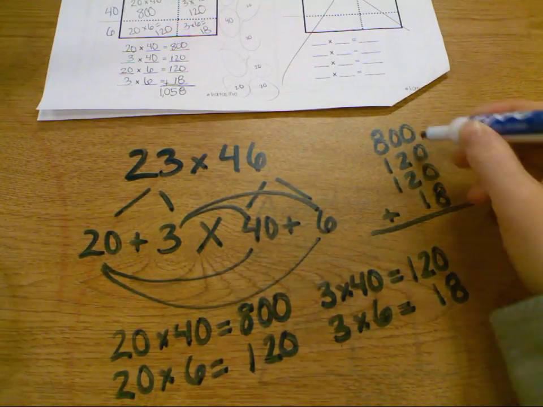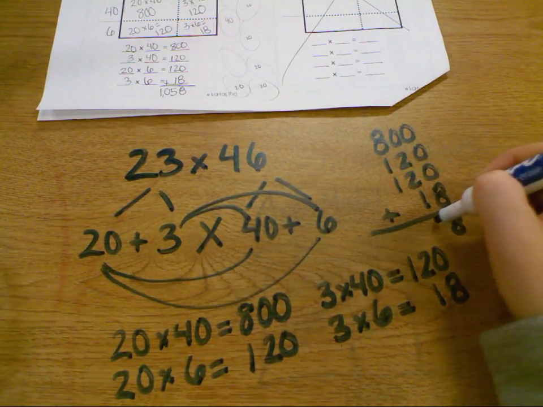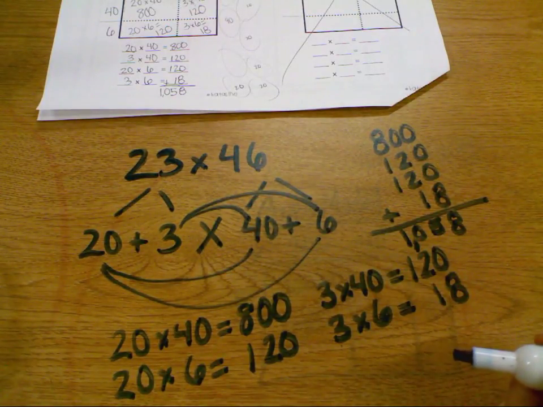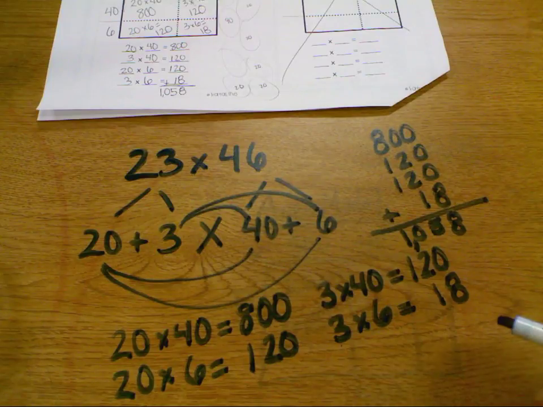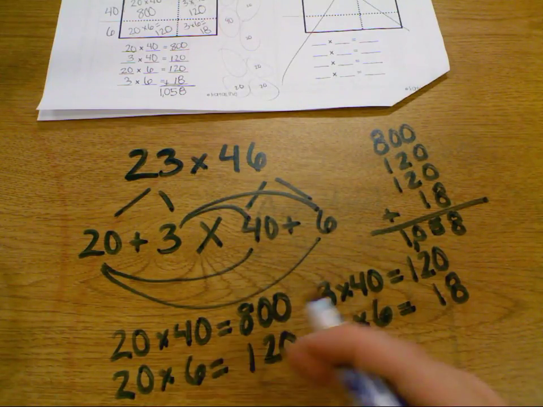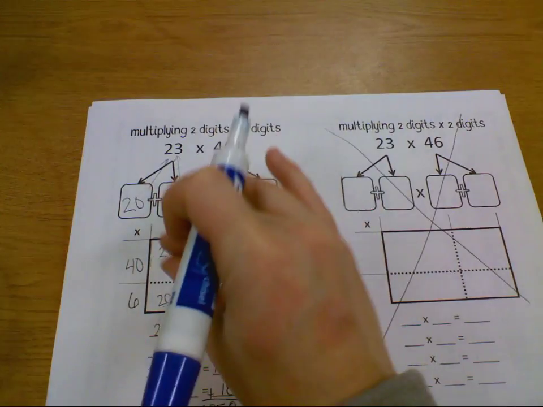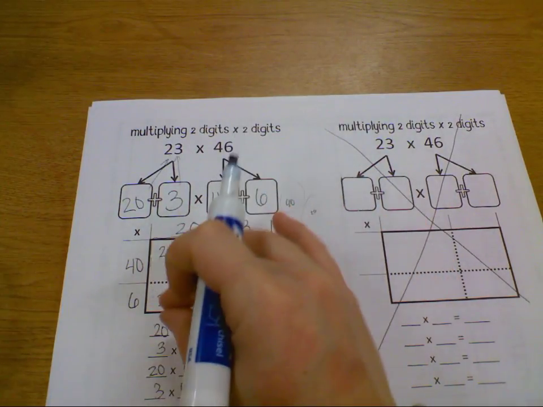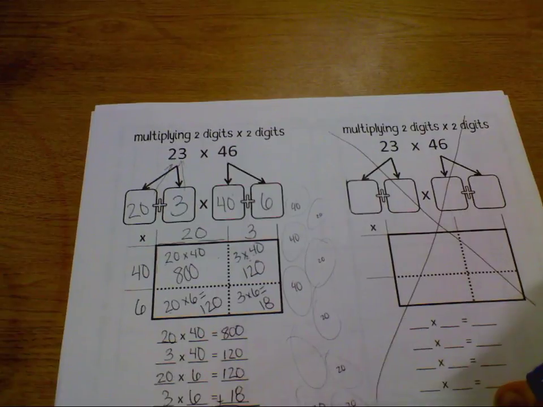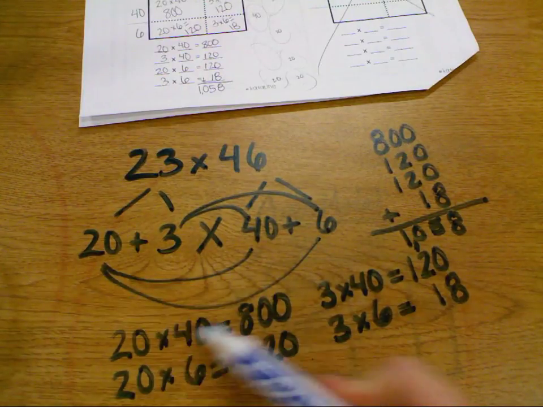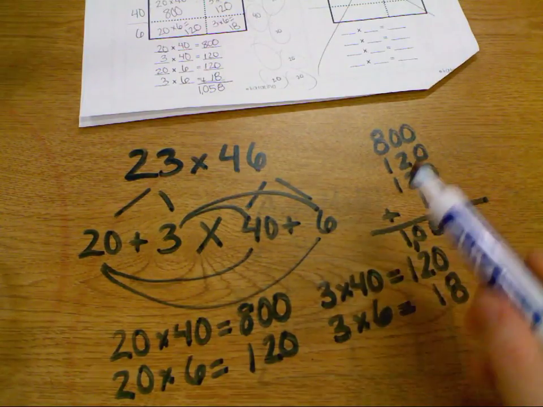And when we add those up, we end up with the same product that we had in the first place. So it doesn't involve a box, but some of you need the box in order to think out what to multiply. Some of you don't need the box, and you like it just written out, and that would be this way.